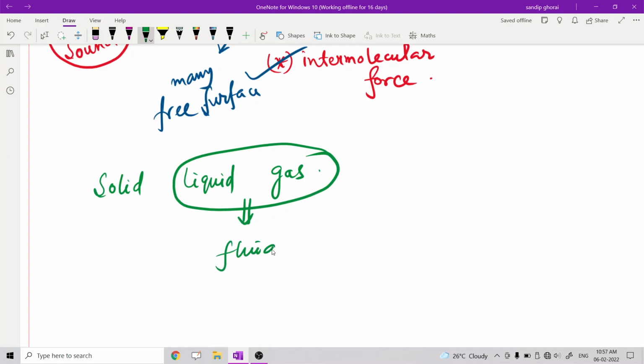Why? They can easily flow, whereas solid cannot flow. Solid is a rigid body, so it cannot flow, whereas liquids and gases can easily flow. Gases flow easily in all directions, as the molecules of gases move in all possible directions.